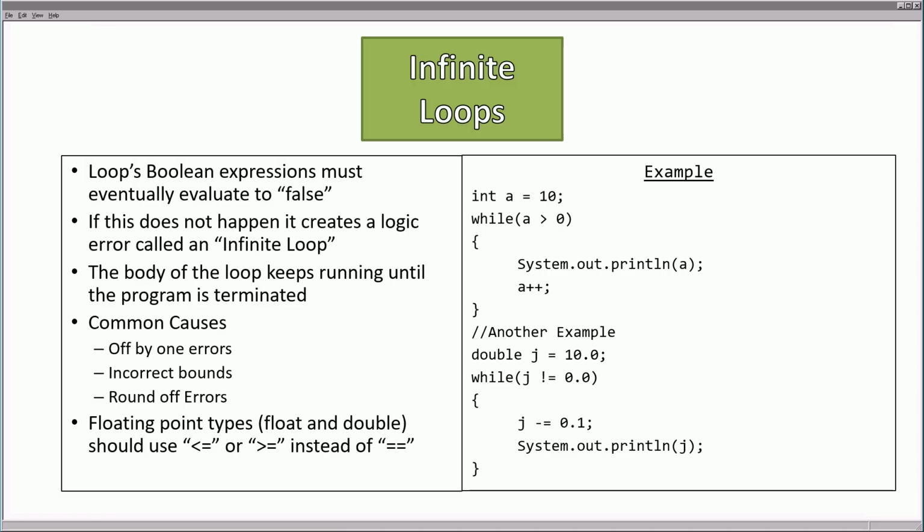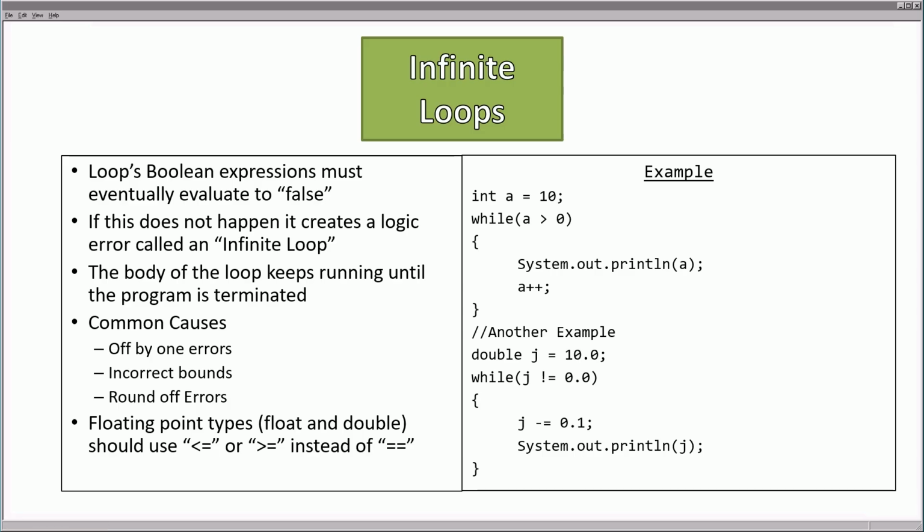Whenever we are using floating point values, in other words doubles or floats, we have to account for round-off errors. Even with this example, the value of j may be rounded off in a strange way. So it may never be exactly 0, even though logically it should be.